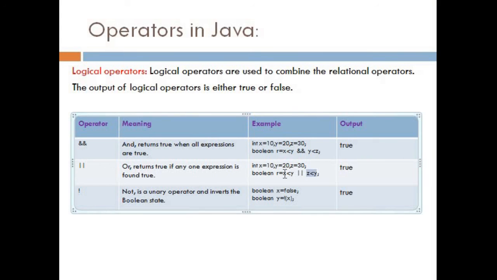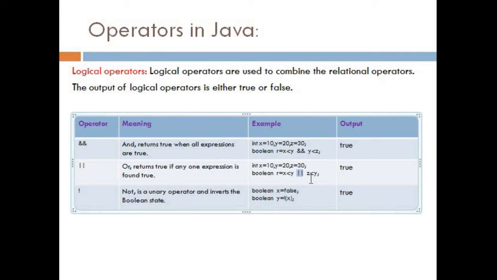Now the total expression becomes true or false, as x less than y returns true and z less than y returns false. Since one of these expressions returns true, the OR operator shall also return true, because the condition of the OR operator is such that if any one of the expressions is true, the result will also be true.